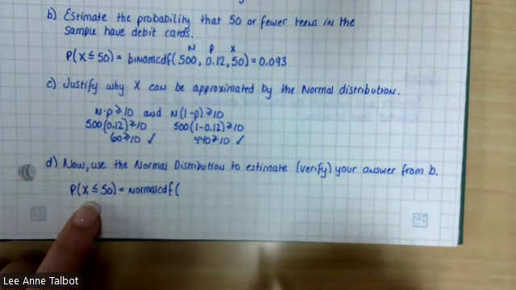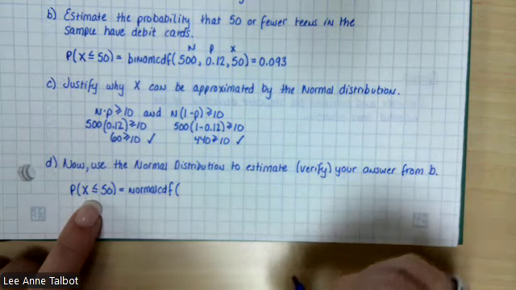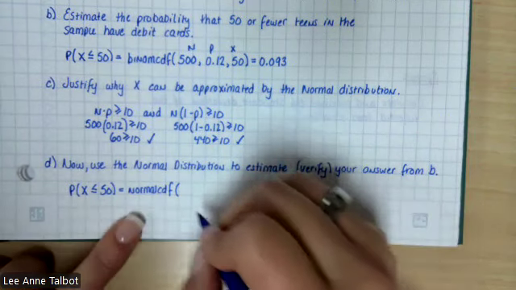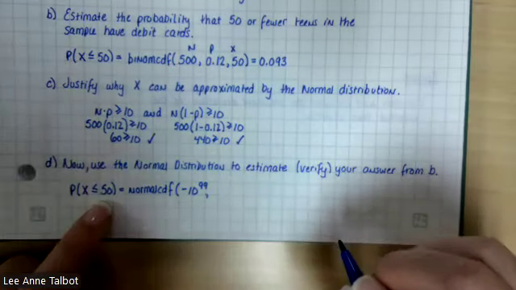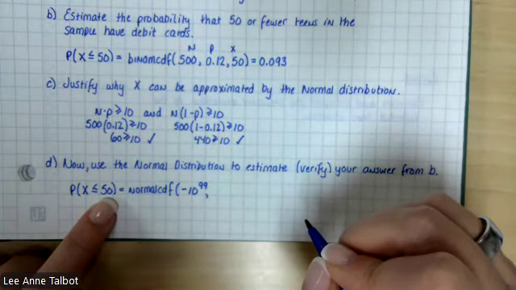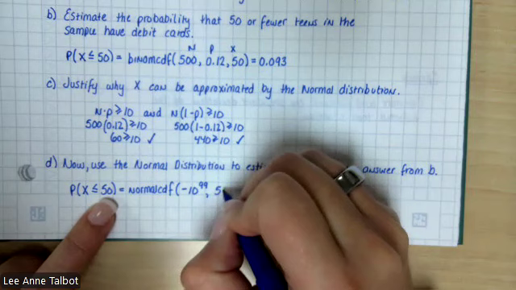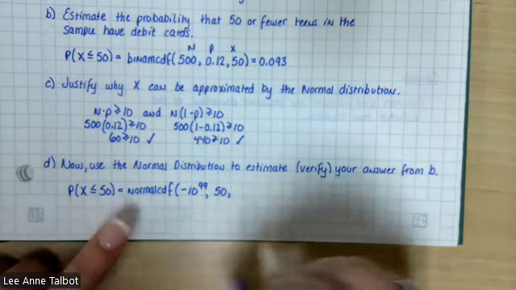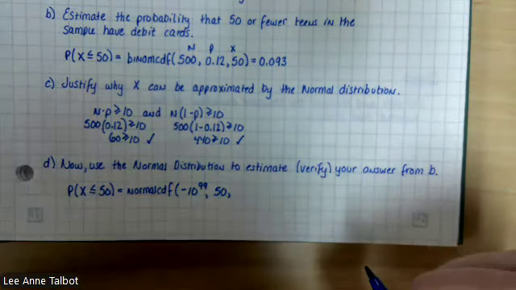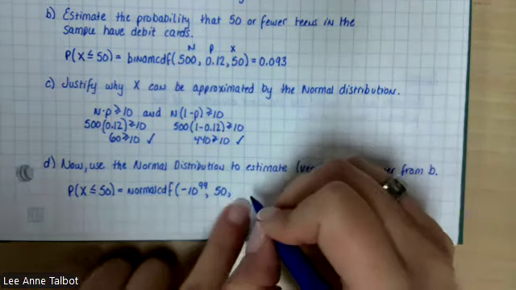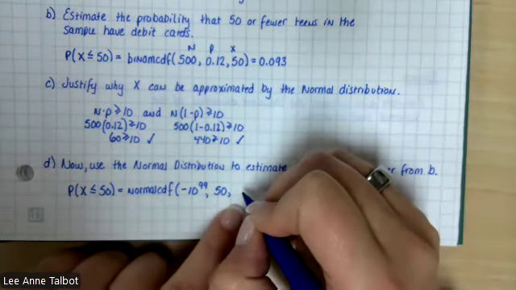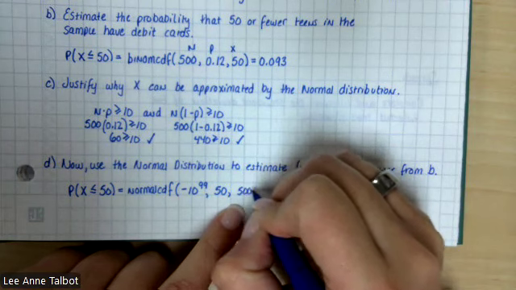If it's less than or equal to, what is the low? Negative infinity, beautiful. What is the high? What is the mean? It's on your yellow sheets, and we're going to write it in here as a calculation. So, yep, it's 60.